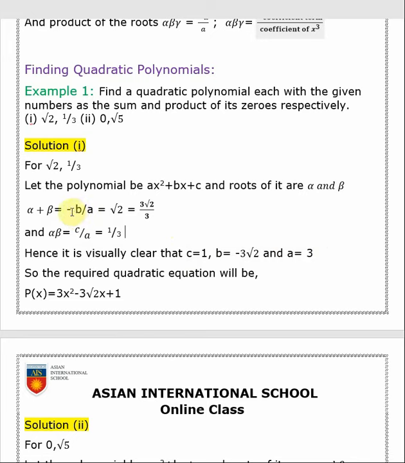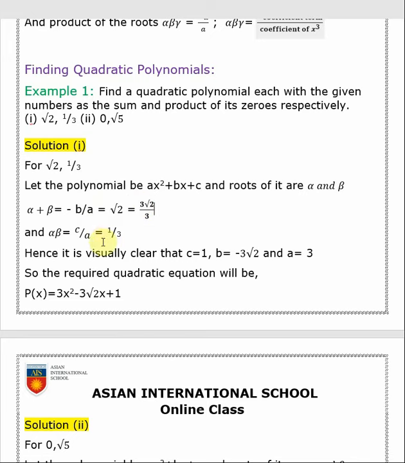Now here you see that minus b by a is root 2, but a is 3, we know a is 3, so I have taken 3 here, but there was no 3 up, so I have put a 3 up. That means I multiplied with 3 and divided with 3. By doing so, my a equals 3 is intact over here, and 3 is multiplied here with root 2. That makes b as 3 root 2.